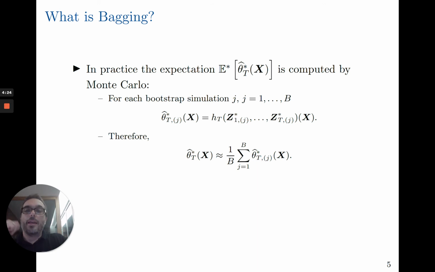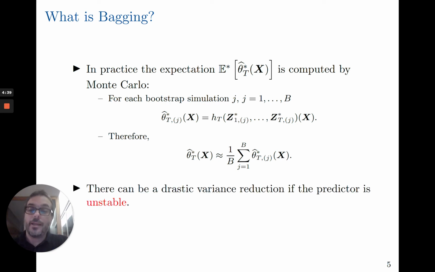And in the end, we are just going to take the sample average of the bootstrap statistics. So that's our final estimator. And what I will show you is that there can be a drastic variance reduction if the predictor is unstable. And this is a key thing.